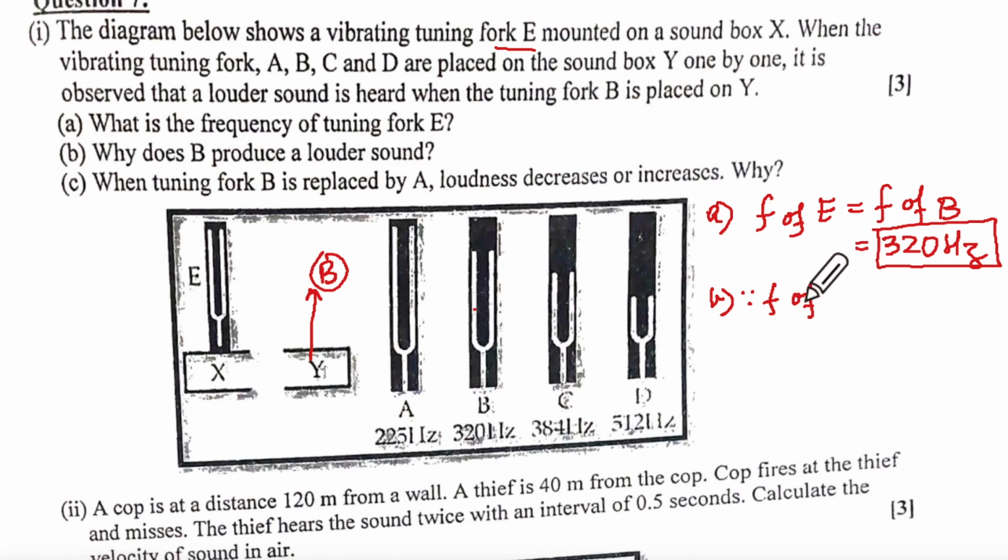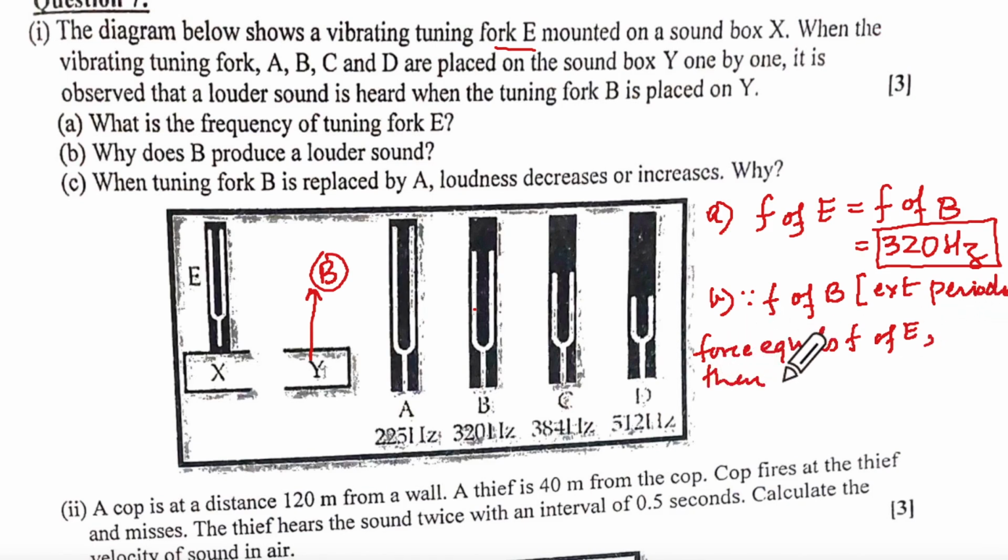So frequency of B, external periodic force, is equal to frequency of E, the natural frequency of the vibrating body. No, don't write anything in bracket. Frequency of E. Then phenomenon of resonance.